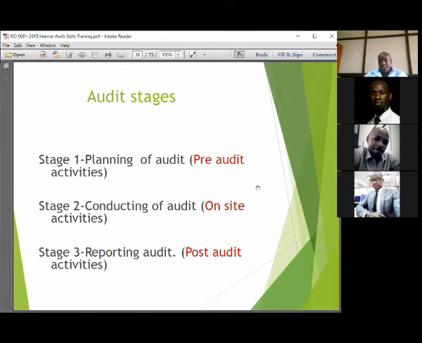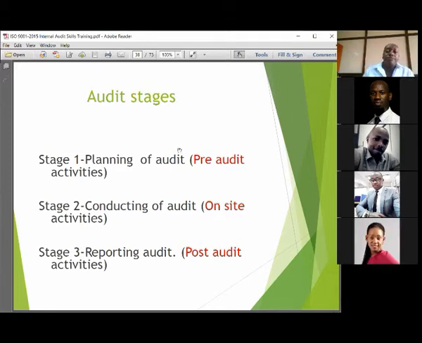Audit stages. There are usually three main stages of audit. Stage one is about planning. Planning is all over. You talked about how in every process you have to plan first. Whatever you do, before you do it, plan. So we look at the planning stage of an audit.